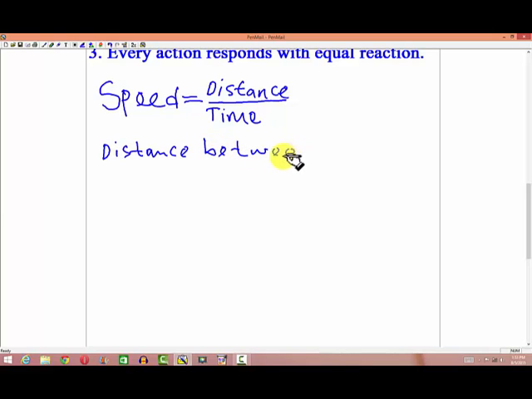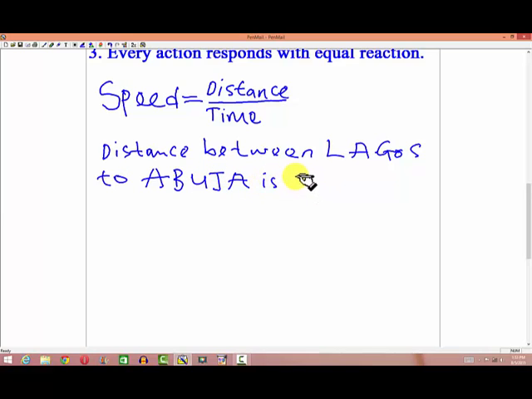For example, the distance from Lagos to Abuja is about 740 kilometers.